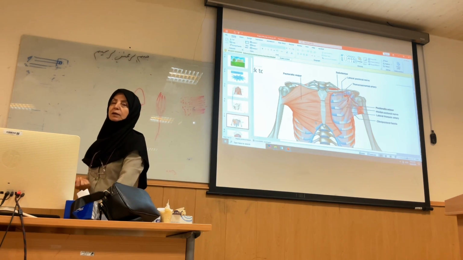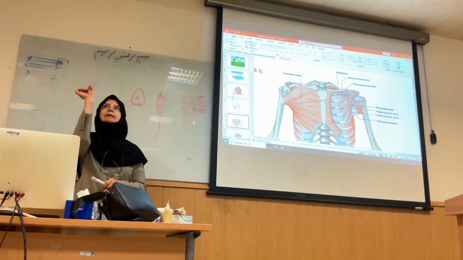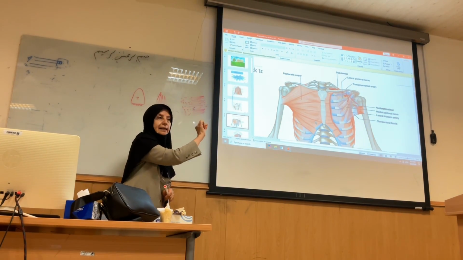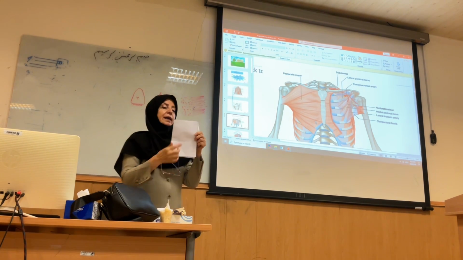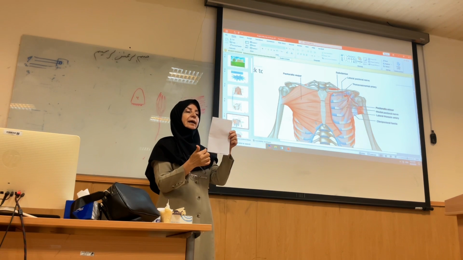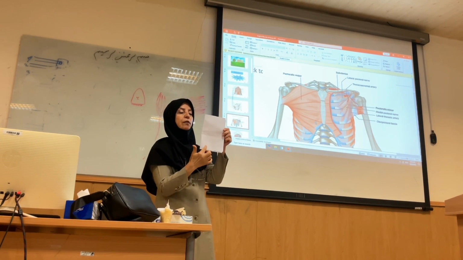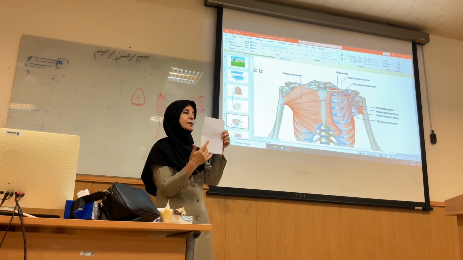It is better, such as in your books, you draw a table, write the name, the origin, insertion, function, and innervation. Okay? With this summary, you can draw a table here and very soon access a lot of names of the muscle and all of the features, all of the items about this muscle.